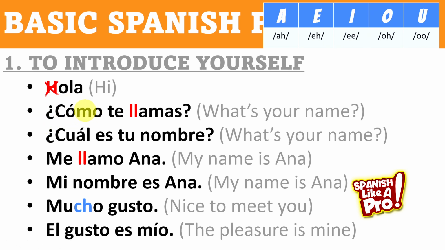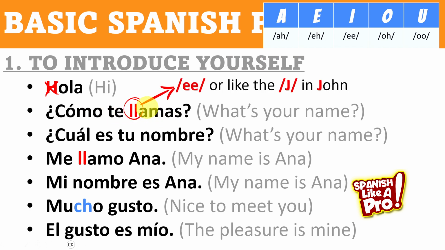This is O. I would say, ¿cómo? This is E, te, and this is j, llamas or llamas. The double L has two possible pronunciations, actually three. One is kind of like the E, llamas, llamas. The other one is like the J in John, llamas, llamas.